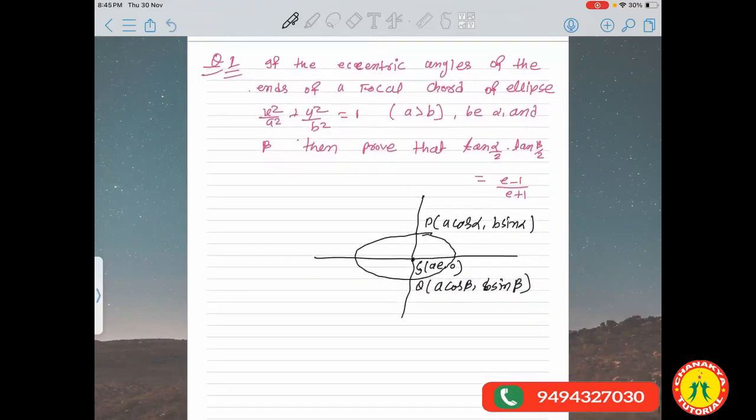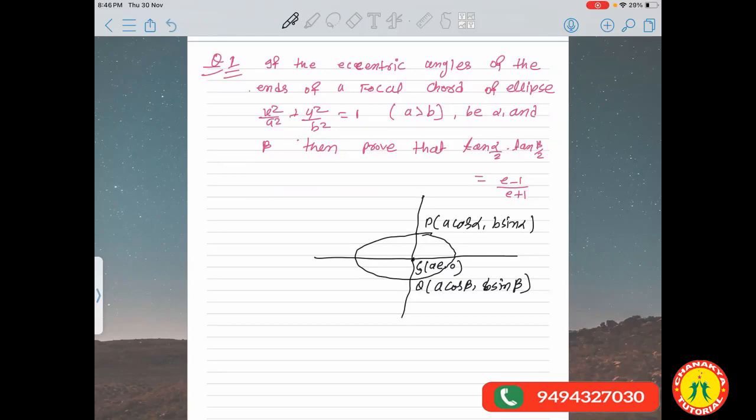Okay. The eccentric angles of the ends of a focal chord of the ellipse are alpha and beta. Then prove that tan alpha by tan beta. The eccentric angles given are alpha and beta. For a point on the ellipse with eccentric angle theta, the point is (a cos theta, b sin theta).